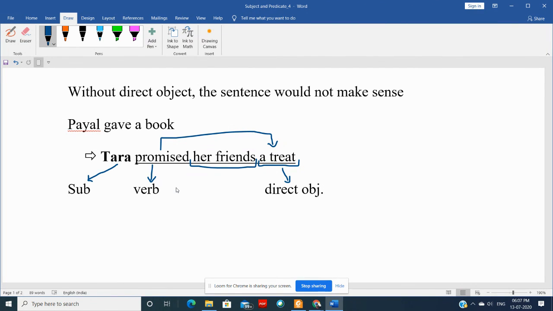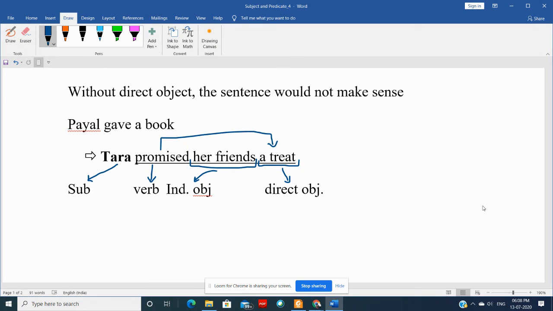Okay, this is your indirect object. Let's just mention it here. Right? So in this way, your predicate also has multiple parts. Again, if you write Tara promised her friends, just write that much.